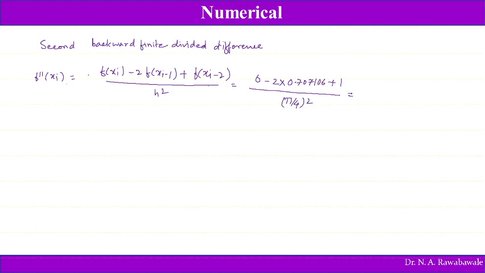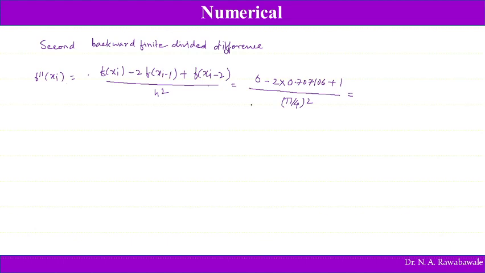So this works out as 1 minus 2 into 0.707106 divided by pi by 4 square.